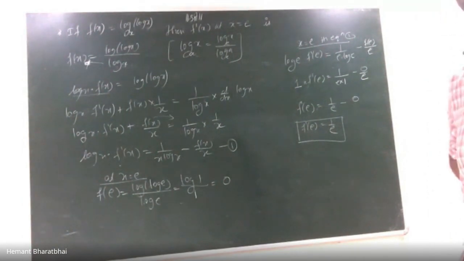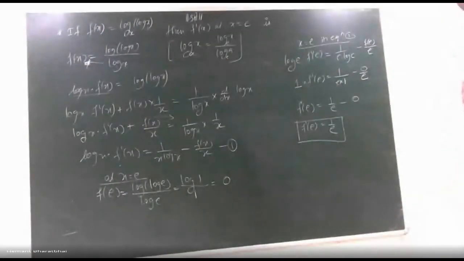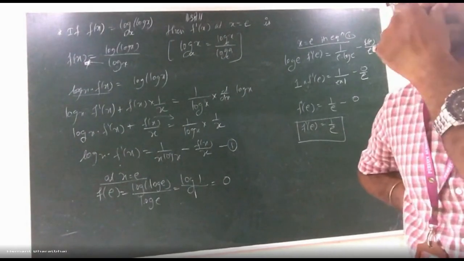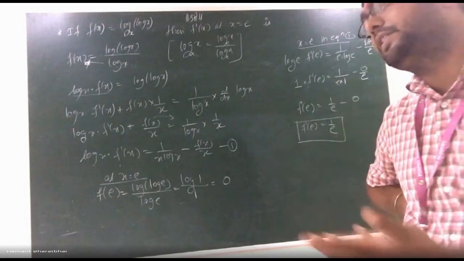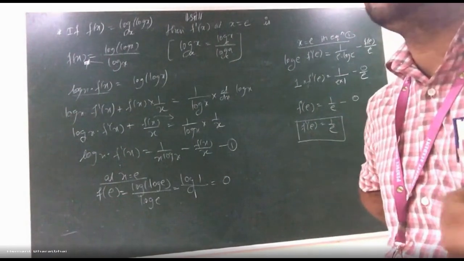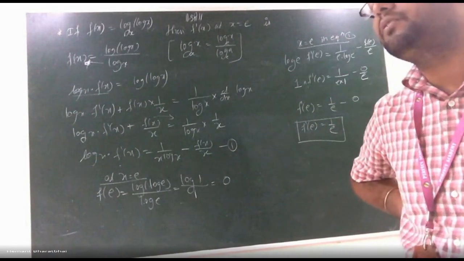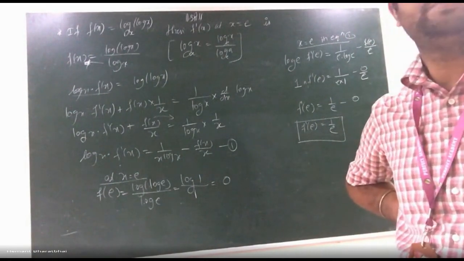We have done certain numericals, but a lot of numericals do come on limits, continuity, and differentiability, which means the function is differentiable, which means that the derivative exists if and only if the function is continuous.